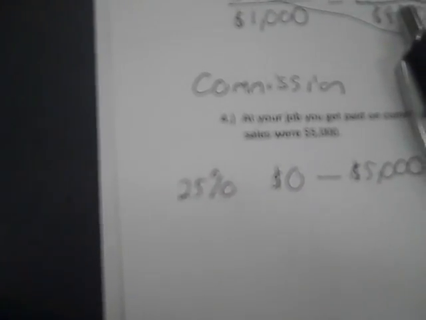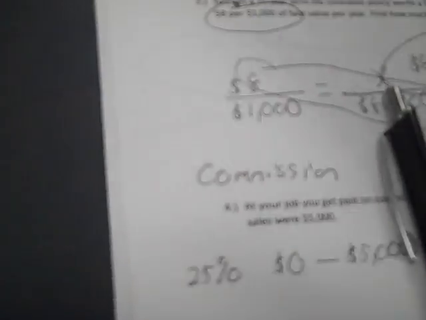Okay, number 4, at your job you get paid on commission. You get paid 25% on your sales. Find your pay if your sales were $5,000. So commission, we write our percent, the only one I have, so that's got to be from 0 to 5,000. So now I need to take 25 divided by 100, 0.25.